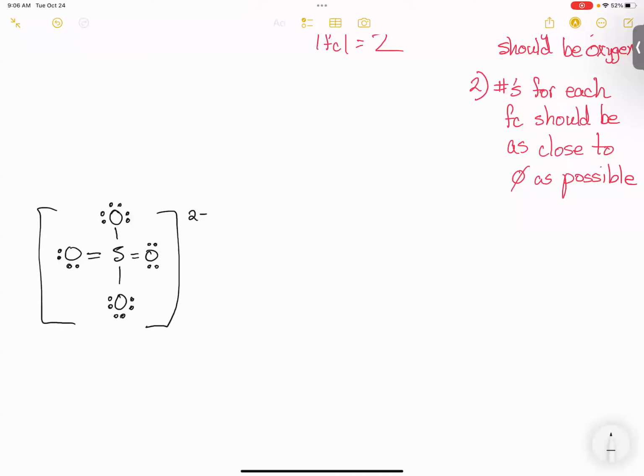I made a decision, it was the right and left, but I could have made an equivalent choice because they were all identical to begin with. So when resonance structures exist, you draw a double-headed arrow. And you have to draw all resonance structures.